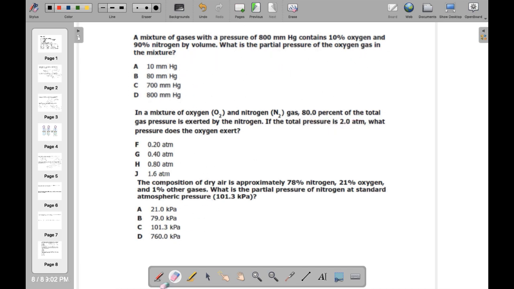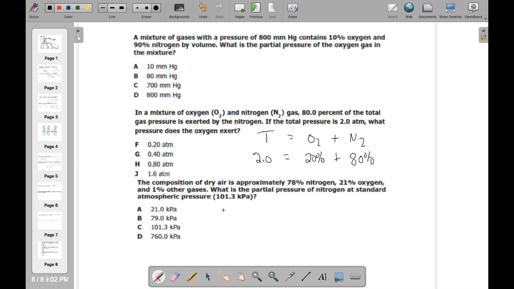Okay, moving on down. In a mixture of oxygen and nitrogen gas, 80% of the total gas pressure is exerted by the nitrogen. So we have nitrogen, oxygen, and we have a total. 80% is nitrogen. That means 20% has to be oxygen. If the total pressure is 2 atmospheres, what pressure does the oxygen exert?